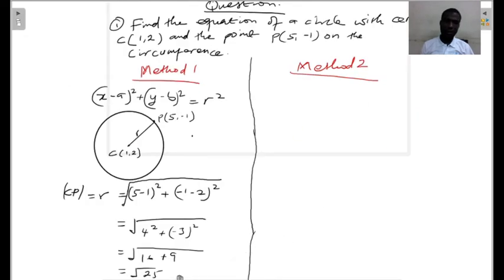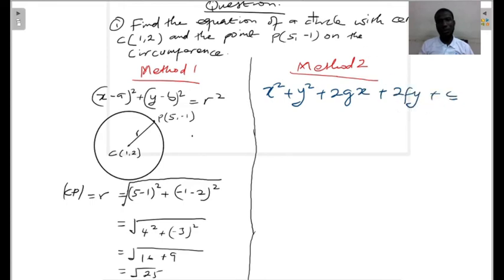Obviously the first thing for us will be to quote the general formula, which is x squared plus y squared plus 2gx plus 2fy plus c equals 0. Alright, so here our center is (1, 2).